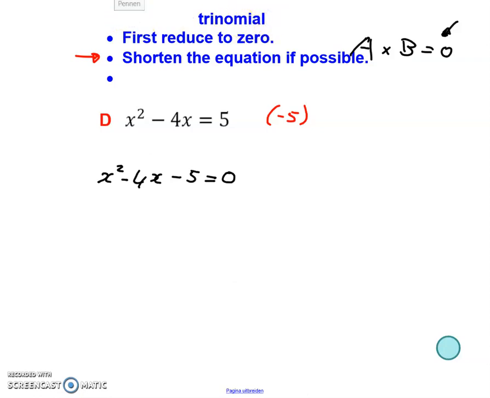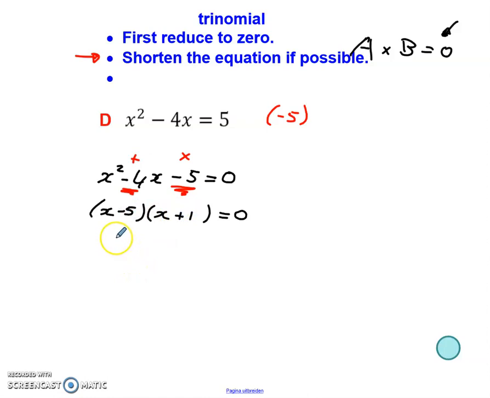And then we can factorize it. We need double brackets, equals 0. I'm going to write x over here and over there. And then you're going to look for 2 numbers. When you multiply them, it's minus 5, and when you add them, they will be minus 4. So take some time to think about this, and then you will see we need minus 5 and plus 1.